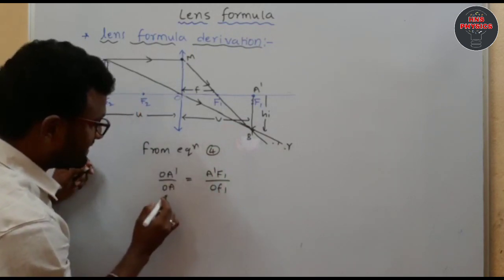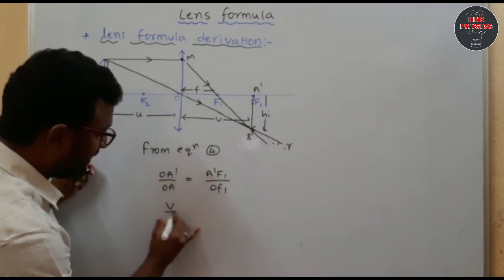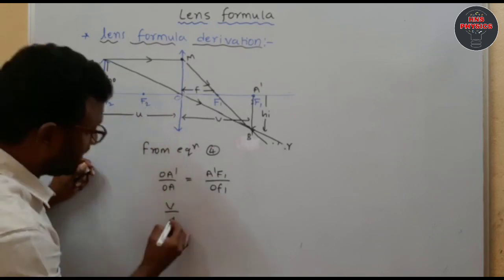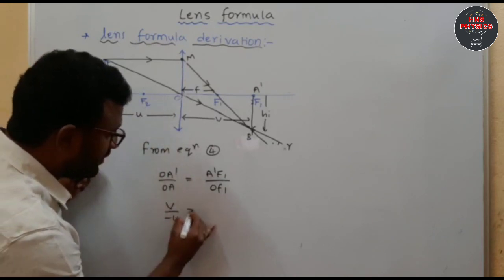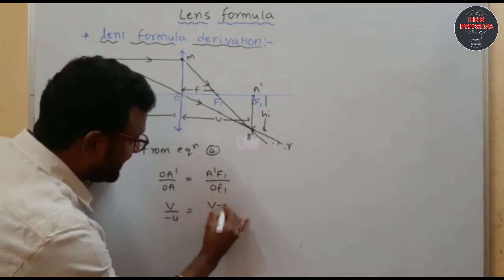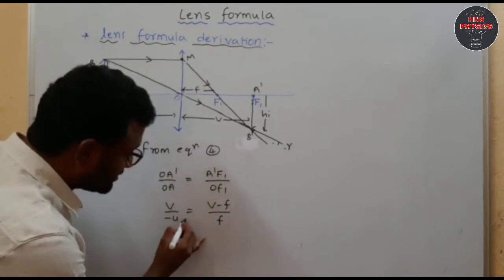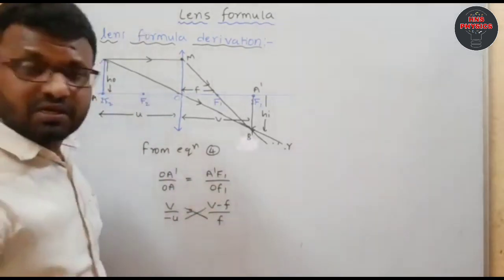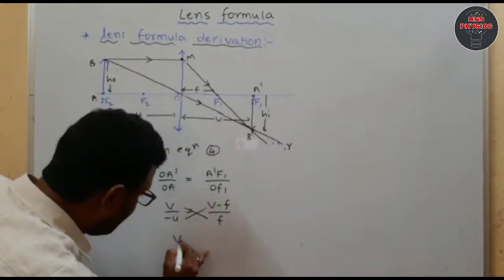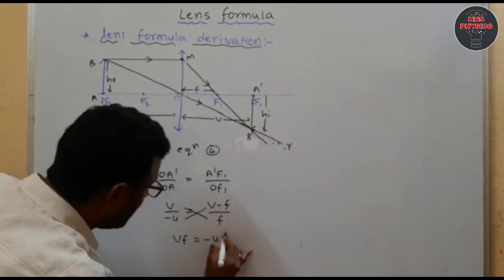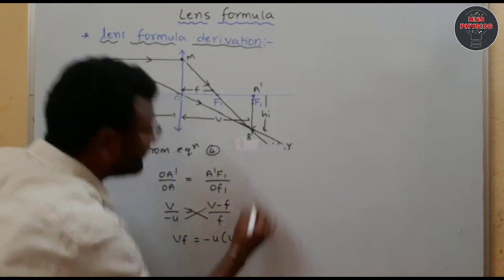OA dash is the value V, OA is the object distance, that is minus U, and A dash F1 is V minus F, divided by F. Now we can do the cross multiplication. So VF equal to minus U into V minus F.